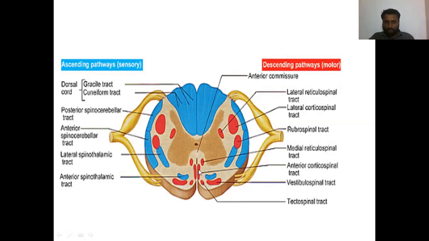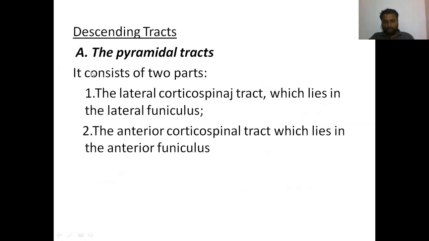This colored area is made up of thousands of fibers, and here we can see the cross section of those fibers. So this is the area of the anterior corticospinal tract, and this is the area of the lateral corticospinal tract. So the pyramidal tracts are the corticospinal tracts, lateral and anterior.